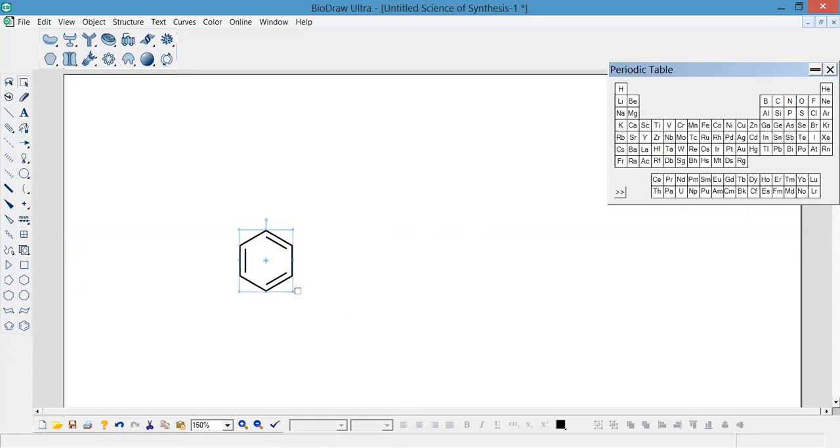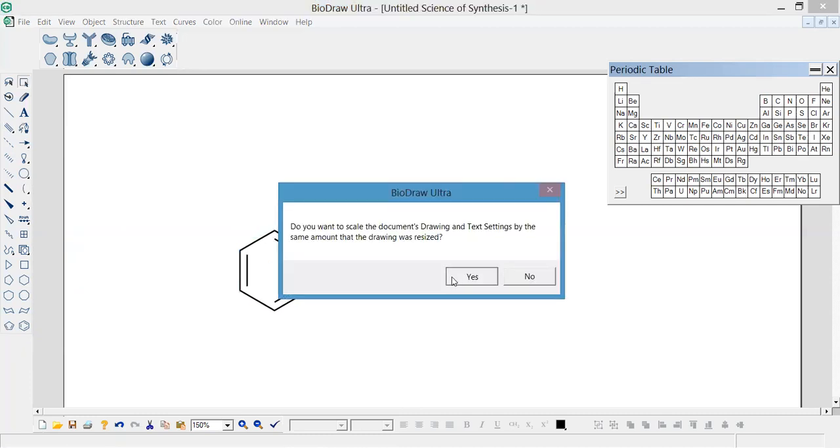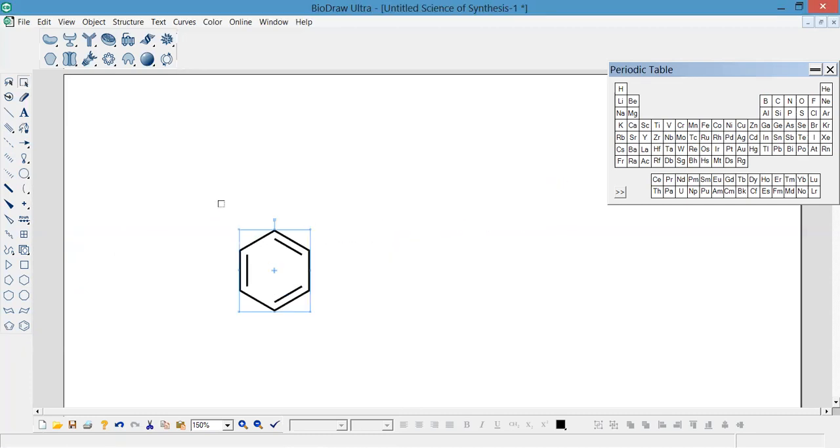Select it if you want to increase the size. Now onto this benzene ring, draw a bond. This is a bond. Then next here, draw the next bond and draw the acetyl group.